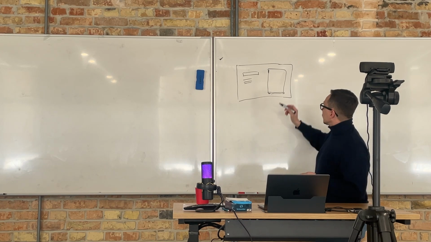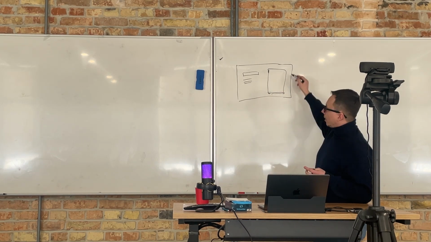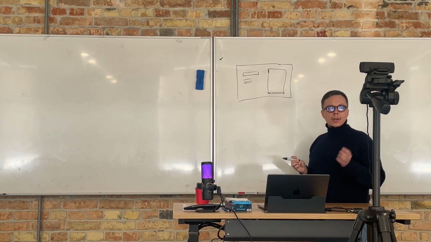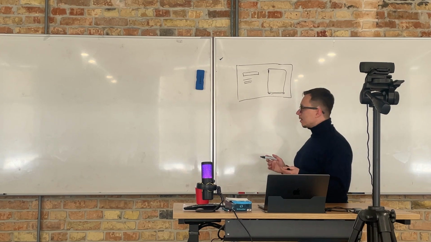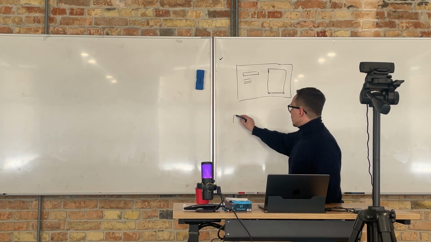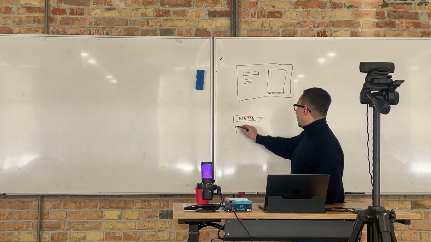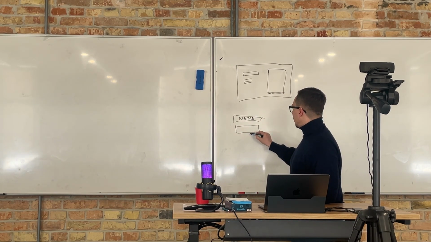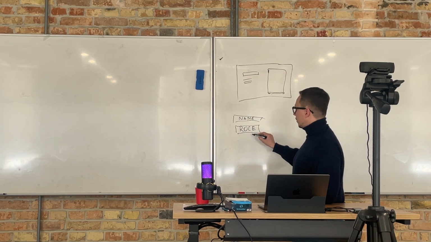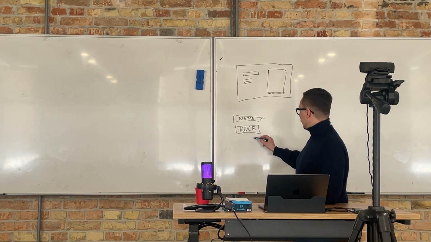Let's say before we create this form, we need to figure out what type of data we need to collect. Let's say we need to collect names of our participants. I will show you an example, and I guess it will be clear. Names, maybe role. It could be software engineer, designer, business owner, whatever.